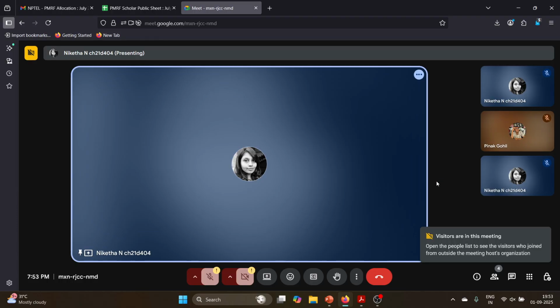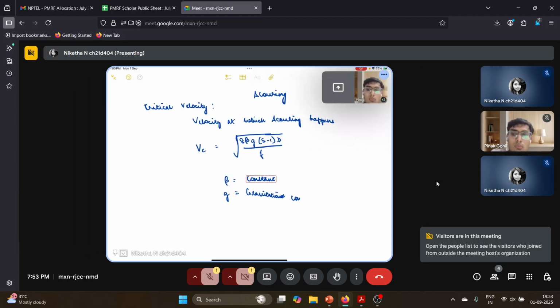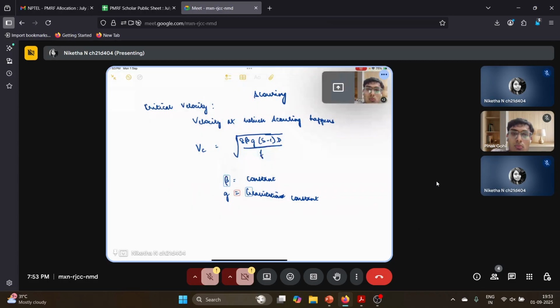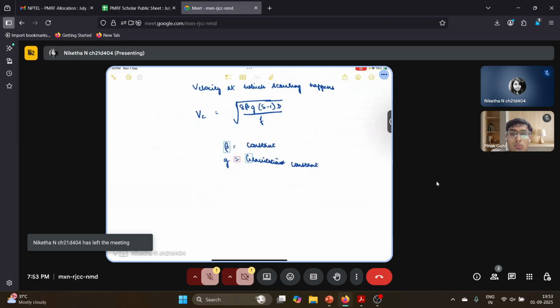G is the gravitational constant, and S is the specific gravity, which is 2.65, and d is the particle diameter.